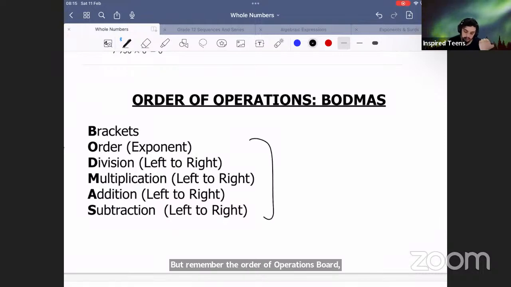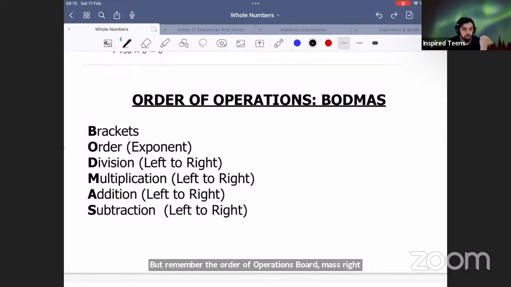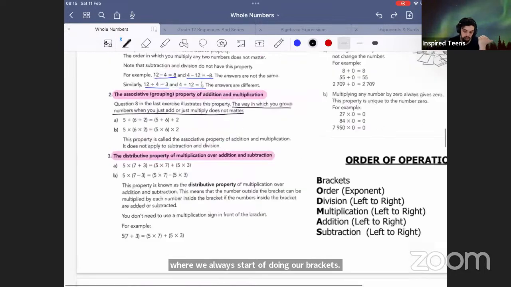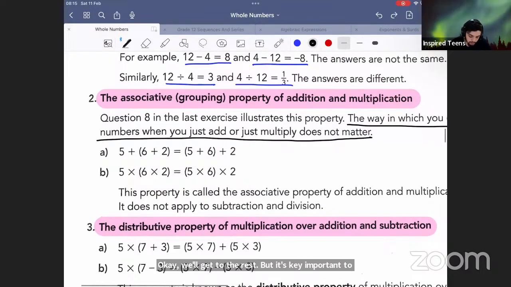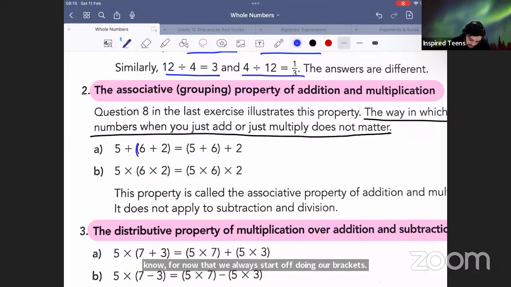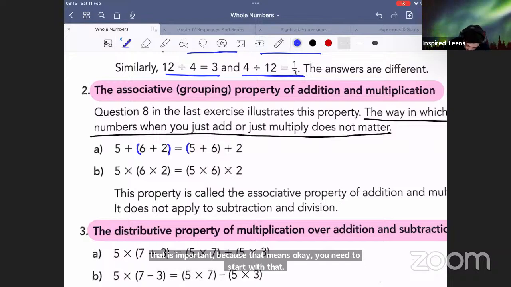We'll get to the rest, but for now it's key to know that we always start with our brackets. So when we put our own brackets into a sum, that is what we start with.